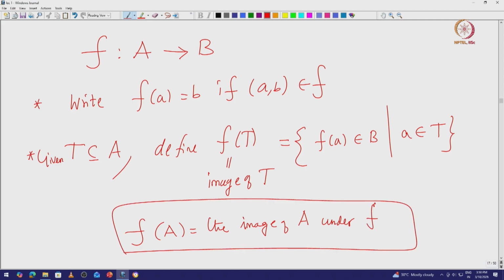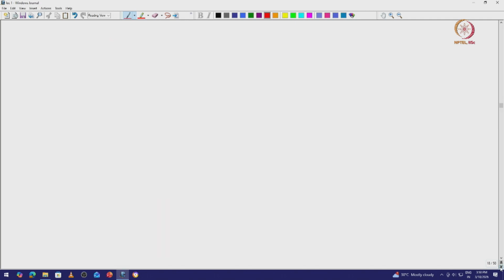So, these are all the standard terminologies that one defines for functions. And more importantly, we also have something called the inverse image.